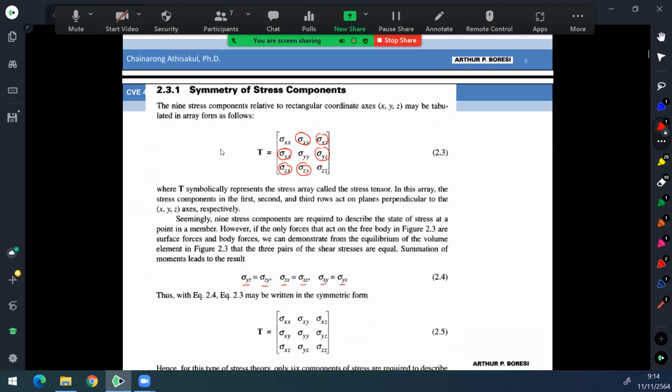Okay, so the stress components, which are actually composed of 9 components, are reduced to 6 components.